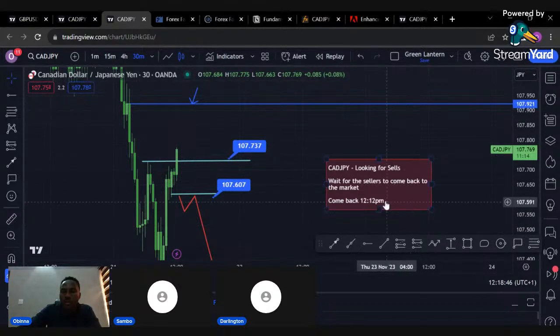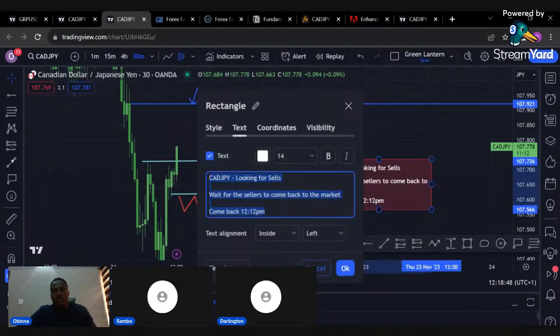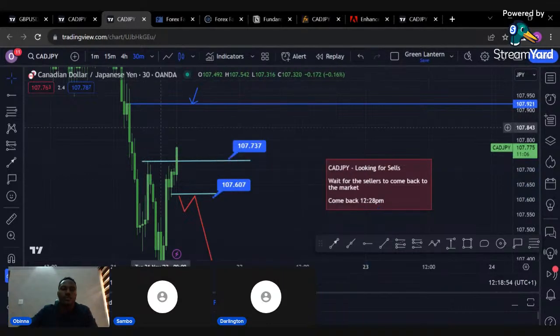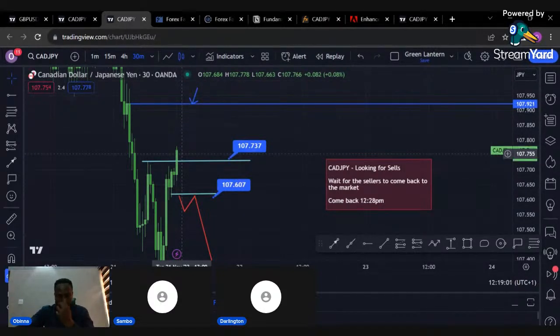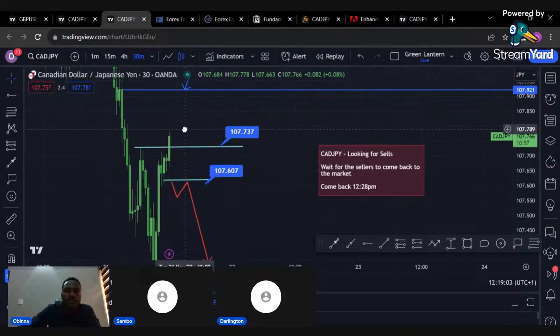So I want this candle to close first. So if this candle closes, then I'm looking for a counter trend most likely.